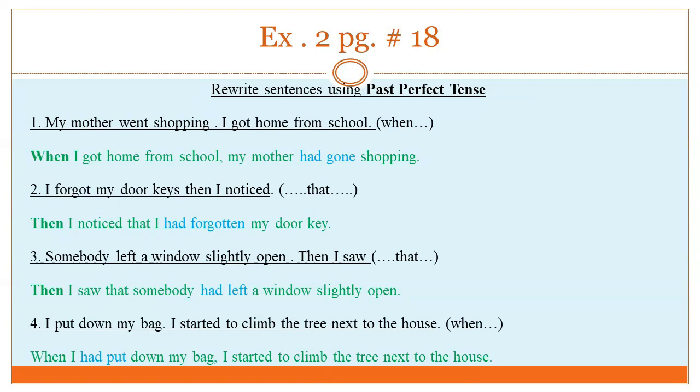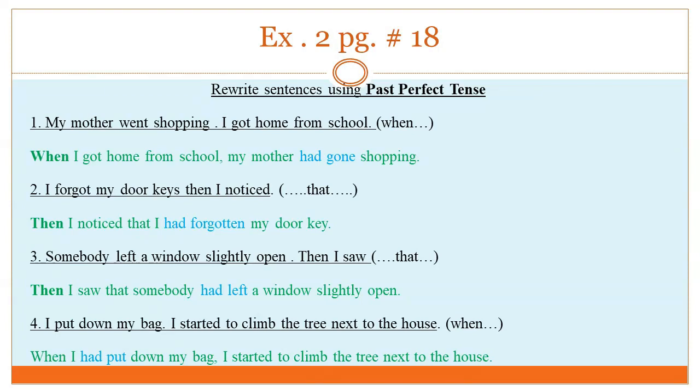Come to sentence number 4. I put down my bag. I started to climb the tree next to the house. Which event happened first? I put down my bag first. So how to start this sentence? We are given when. When I had put down my bag, because this happened first.